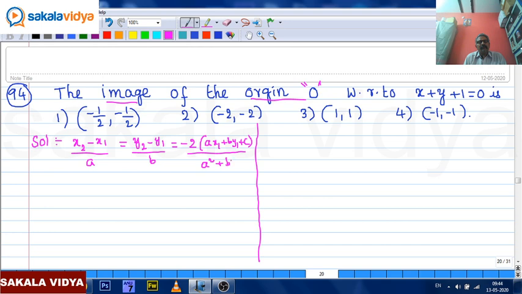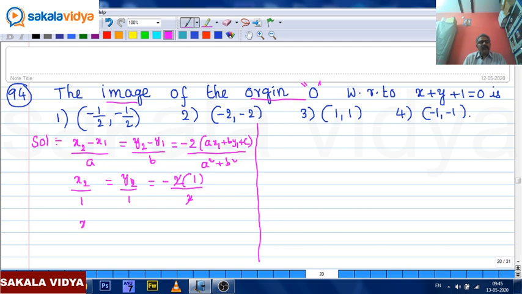Origin is x1 comma y1, so x2 minus 0 by a means 1, y2 minus 0, b is also 1, and minus 2 times, if you put the origin here, 0 plus 1, 1 by 2, 2 gets cancelled.